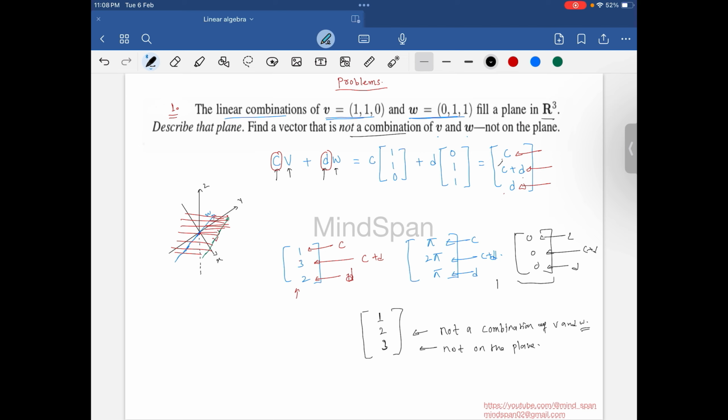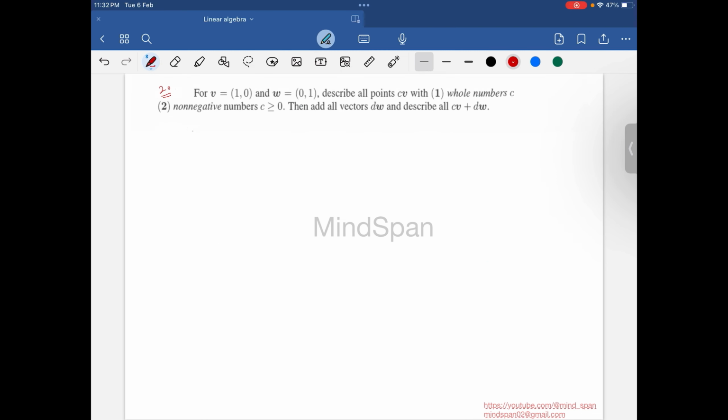Okay, now we will look at more questions. Let's look at the second question. This is question number 2. We are given this vector v and this vector w, and each has two components. Describe all points cv, and here we are given information about what values of c we can take. In the first part, c is a whole number.